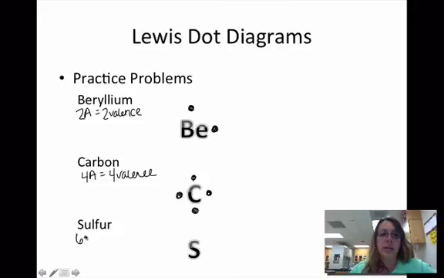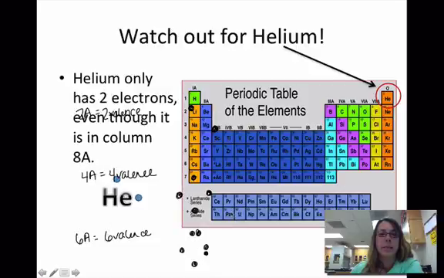And then sulfur is in 6A, so it has 6 valence electrons. So I would go 1, 2, 3, 4, 5, and 6. And that's how you draw the Lewis dot diagrams for these. Really quick, not too complicated.